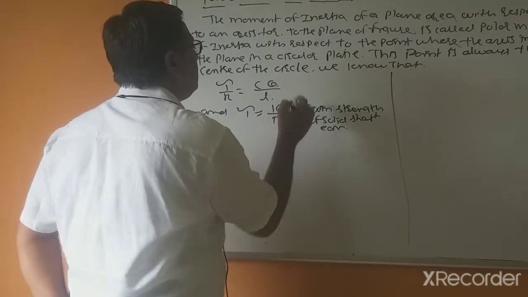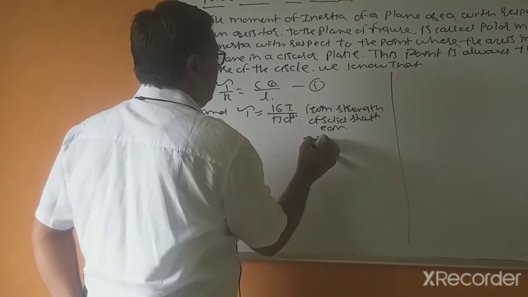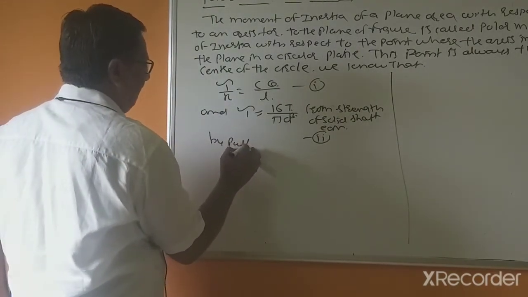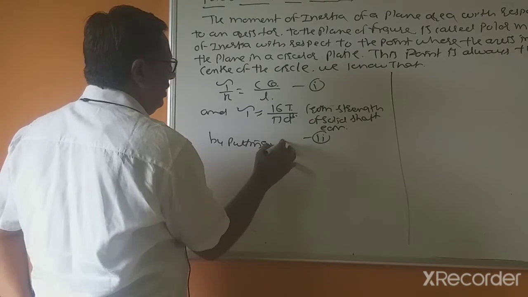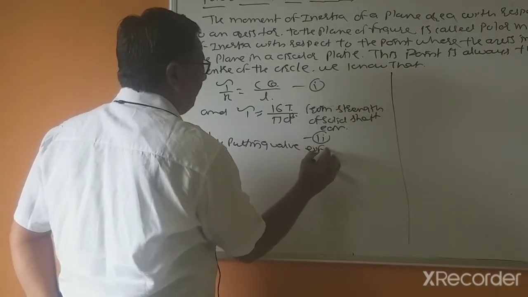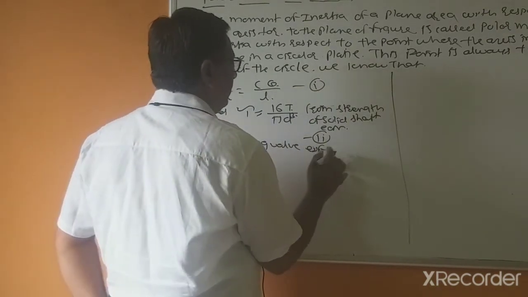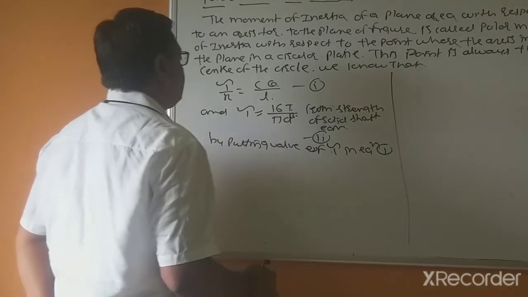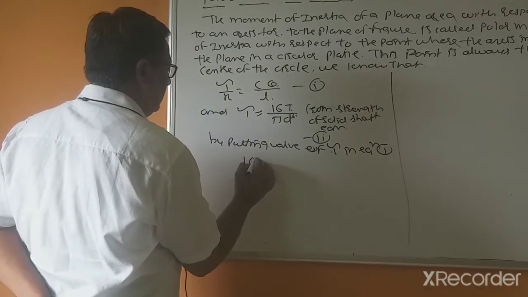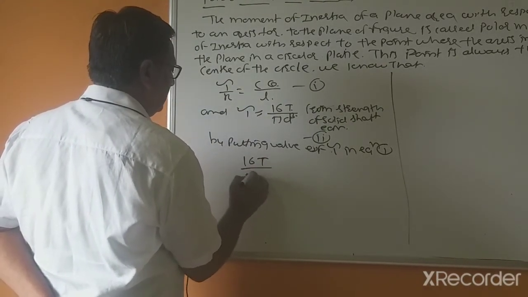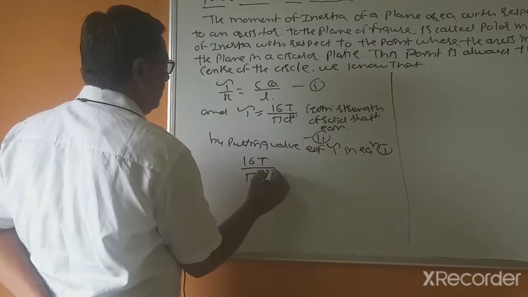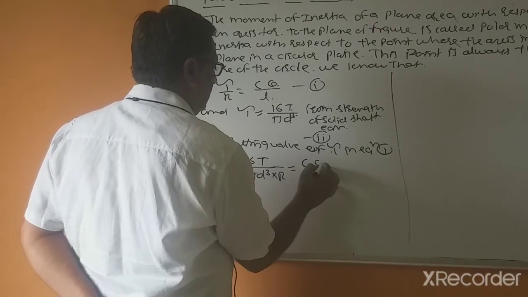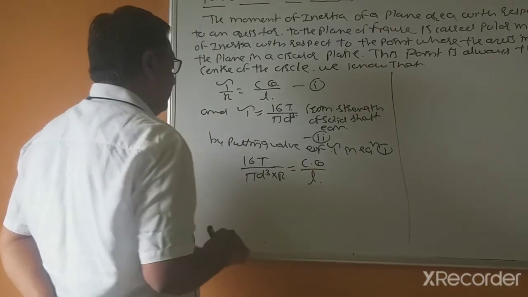So suppose this is first equation and this is second equation. Now by putting the value of tau in the first equation, this is 16t divided by pi d cube multiplied by r, and this is c theta divided by L.